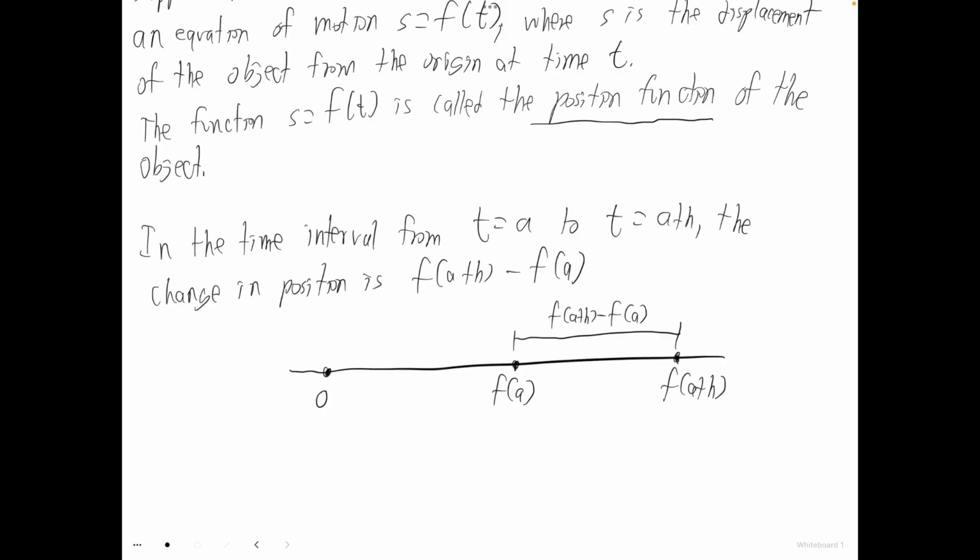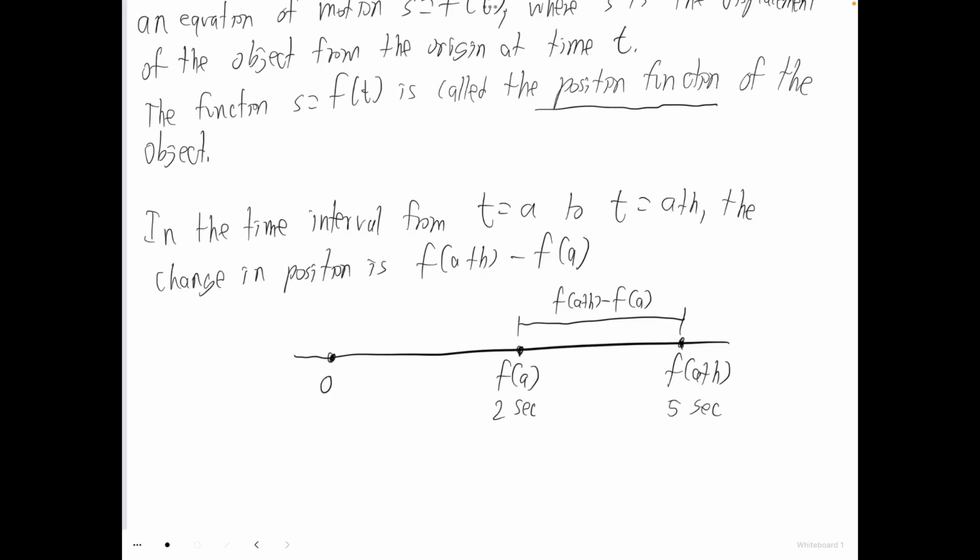If you think of it as a car driving, say at time 2 seconds we're at this position, and then 3 seconds later, at time 5 seconds, we're in this position. So we've just gone further along our road, and we're figuring out how far we moved in those 3 seconds. And so our average velocity takes into account how fast we were moving on average.